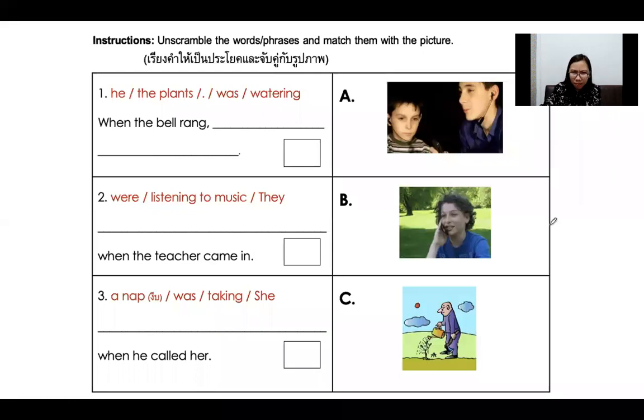All right, let's try number 1. Unscramble: what was he doing when the bell rang? What is the subject? The subject is he. Verb to be: was or were? Was. Verb ing: watering.